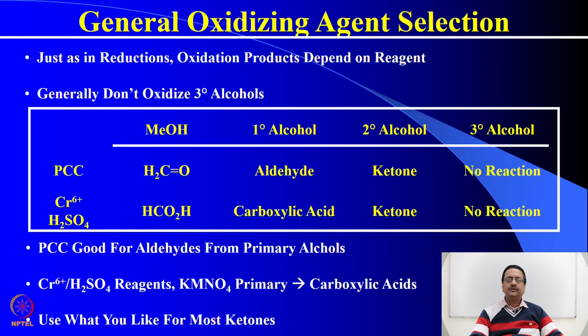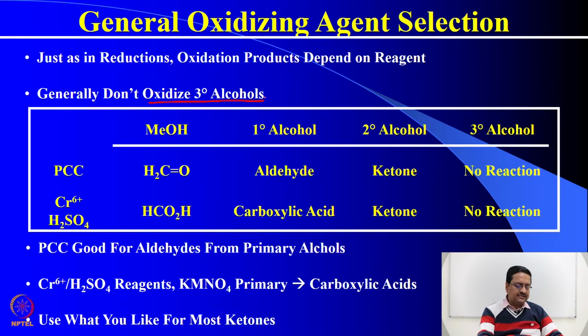Just like the previous lecture where we talked about the effect of different reducing agents on various organocarbonyl compounds, here I am tabulating the effects of these two oxidizing agents on various alcohols and the corresponding products. We generally don't try to oxidize 3 degree alcohols, we only try to oxidize methanol, 1 degree alcohol or 2 degree alcohol.